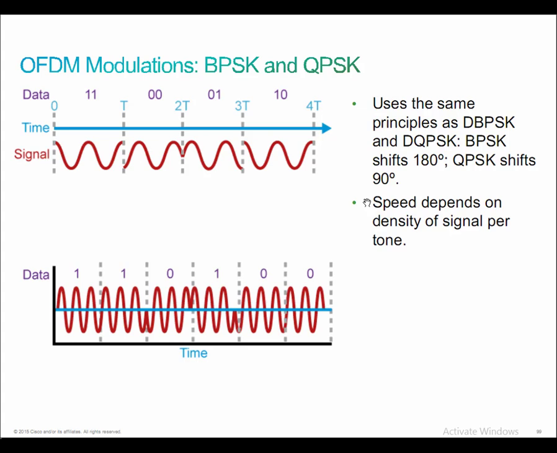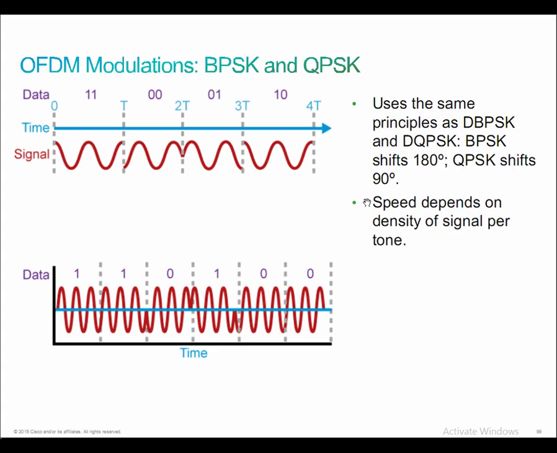At 6 megabits per second, half of the bits are information and half are redundant. At 9 megabits per second, 3/4 of the bits are the actual data, and only 1/4 is redundant. Obviously, the higher density is going to indicate that we're going to be more sensitive to interference and so on.